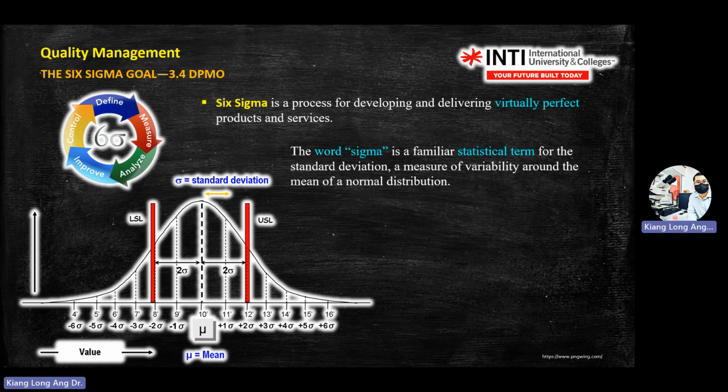If you look at this diagram, this is the center of your normal distribution graph. This is the center point. From the center point, you have 1 sigma, 2 sigma, 3 sigma, 4 sigma, and so on. Left hand side is negative, right hand side is positive. Okay.